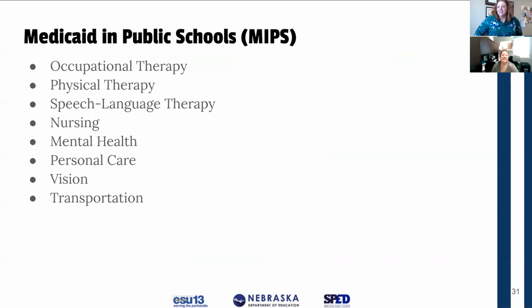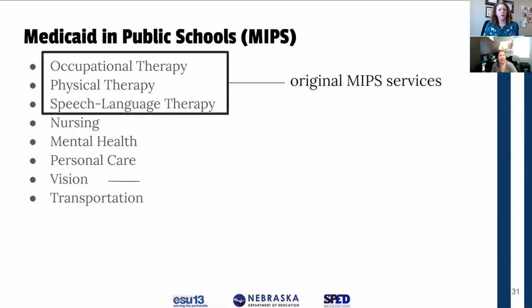All right. So these are services that school districts can claim for Medicaid in public schools, which is OT services, occupational therapy, physical therapy, speech language therapy, nursing, mental health, personal care, vision, and transportation. When MIPS first started, OT, PT, and speech were the original MIPS services.